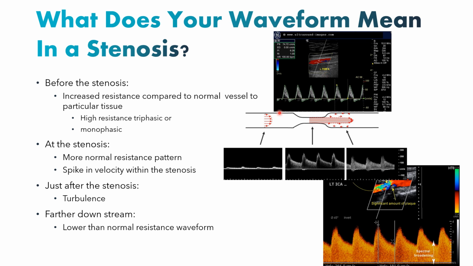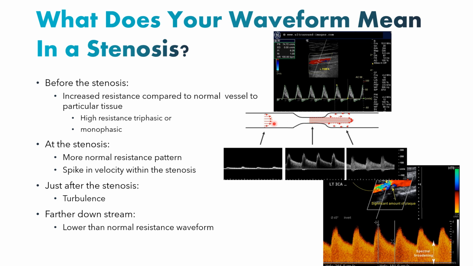So here is our waveform at rest. We're seeing this biphasic flow, but we don't have any forward motion in diastole, which would be very uncommon. That's telling me that there's something causing resistance or pressure up ahead, preventing that forward flow in late diastole. So because of that, I know that there is something upstream.